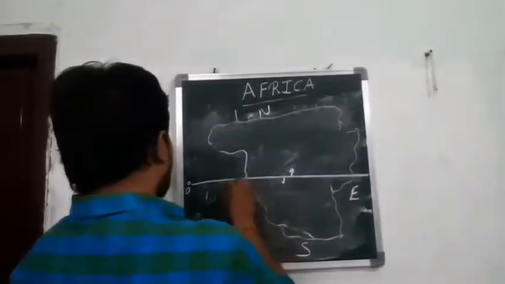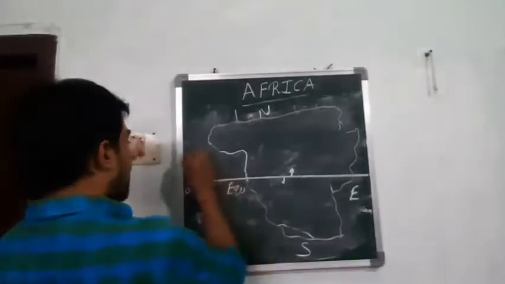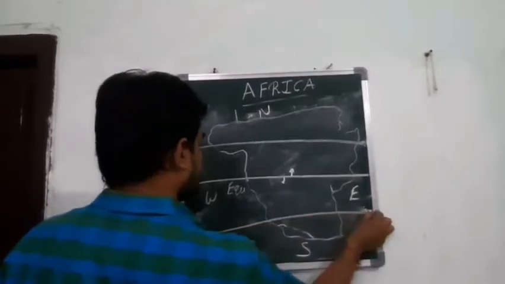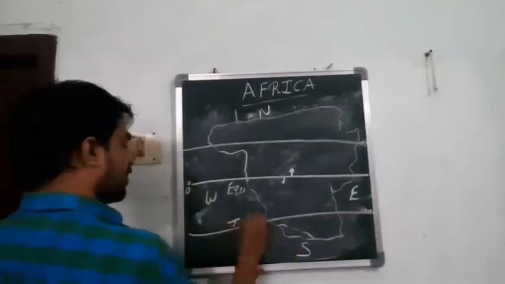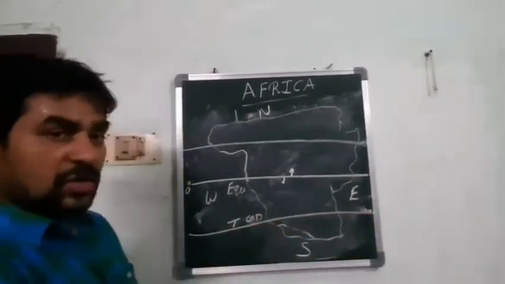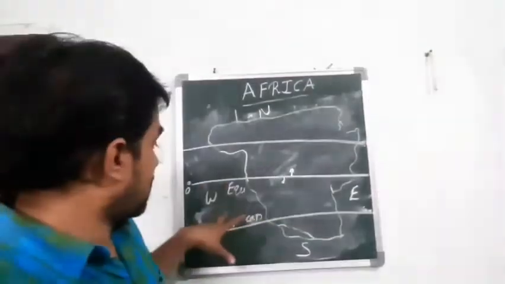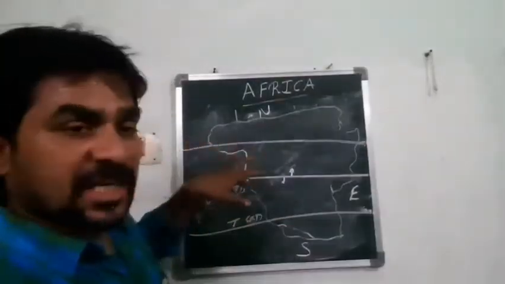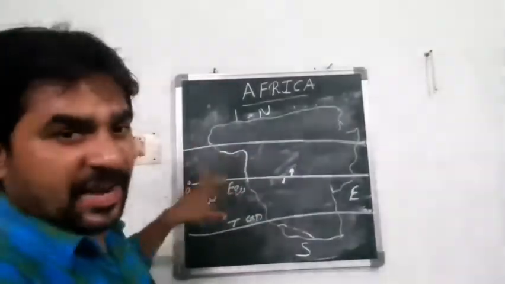So 0 degree to 23.5 degree north is called the Tropic of Cancer, and here is the Tropic of Capricorn. The southern side of the equator is called the Tropic of Capricorn, the northern side of the equator is called the Tropic of Cancer.